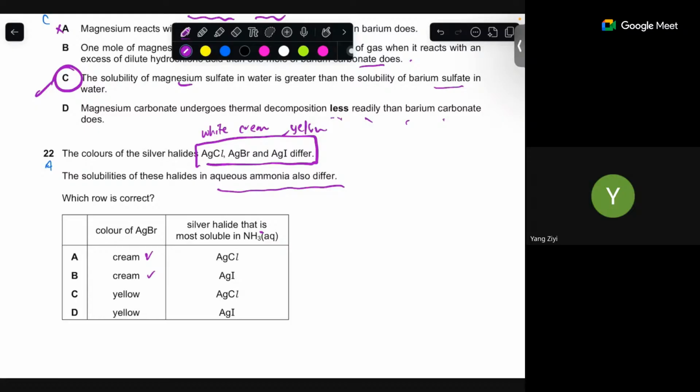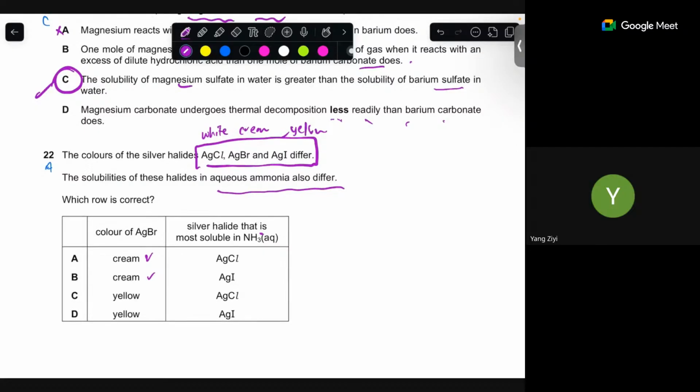If you compare, the one soluble in dilute ammonia will actually be AgCl. AgBr will only be soluble in concentrated ammonia. For AgI, they are not soluble in concentrated or dilute. So the answer is going to be A.